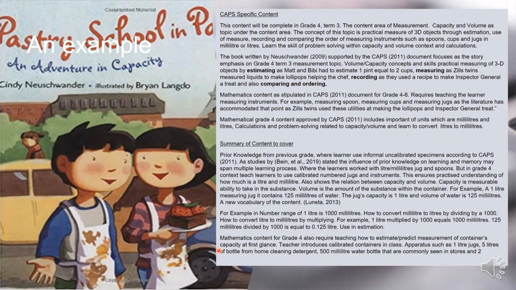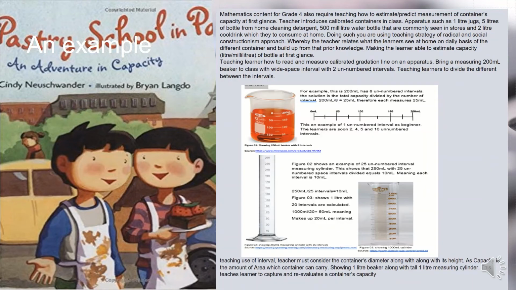At first glance, the teacher introduces calibrated apparatus in class, in which there are 1 liter jars, 5 liter bottles from home cleaning detergents, 500 milliliter water bottles as commonly seen in stores, and 2 liter bottles.